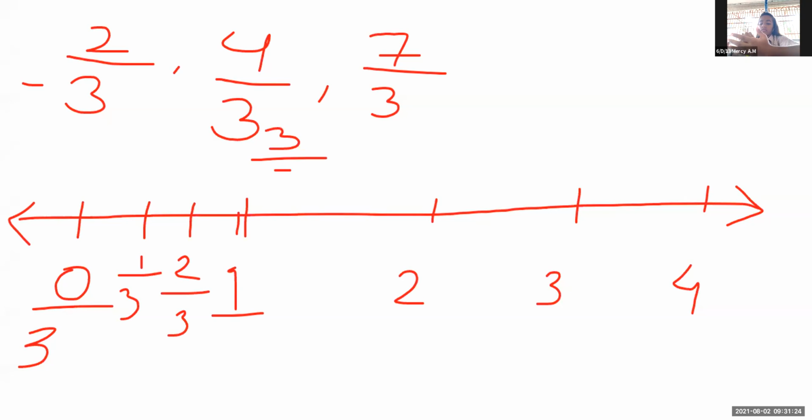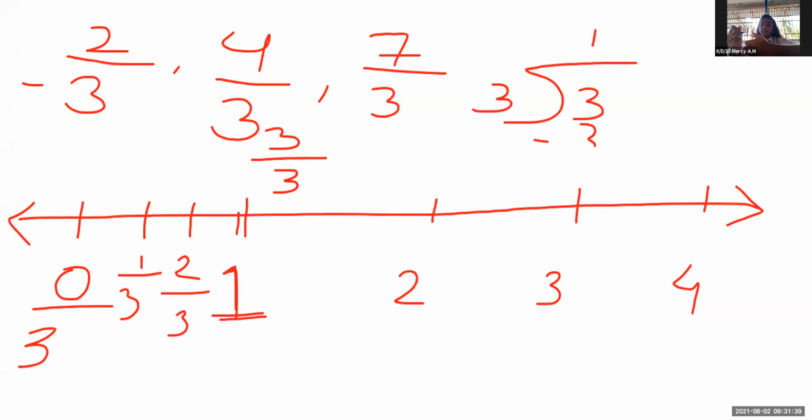See, 3/3 means 3 ones are 3. If we divide 3 by 3, 3 ones are 3, the remainder is 0. So instead of 3/3, we have to write down 1.